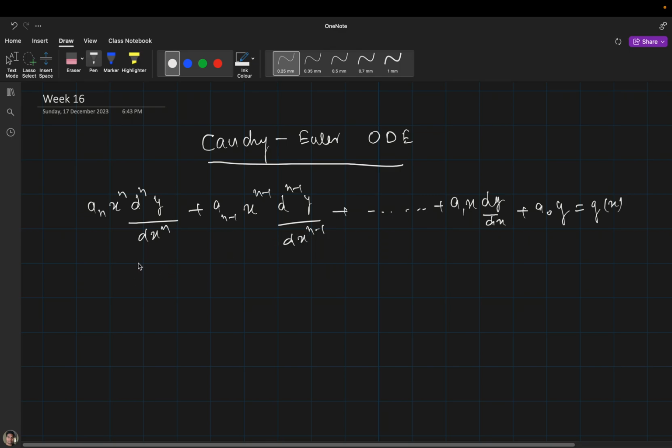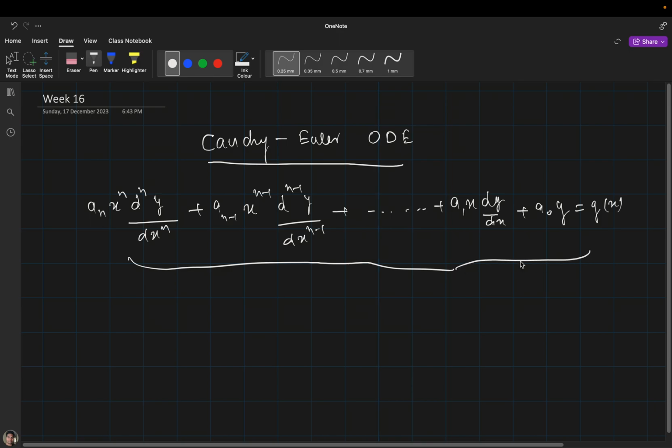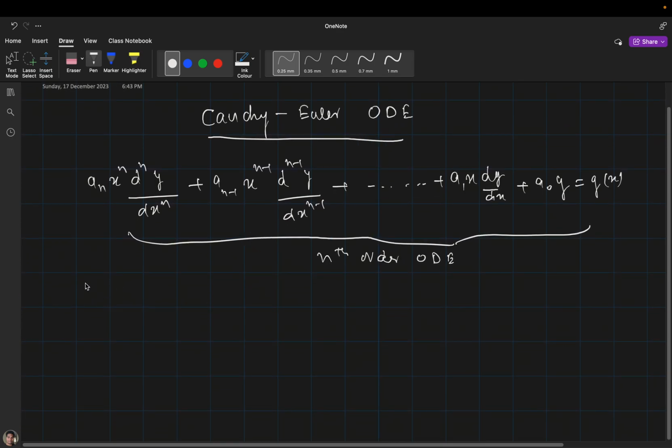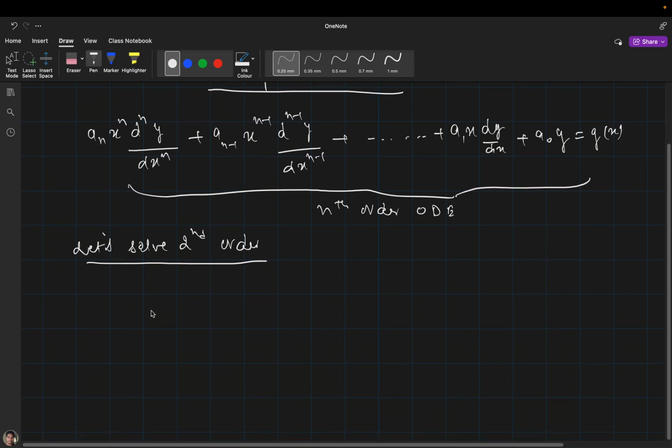But this is the nth order differential equation, nth order ODE. But we will solve the second order differential equation. So the second order Cauchy-Euler differential equation will be like this.